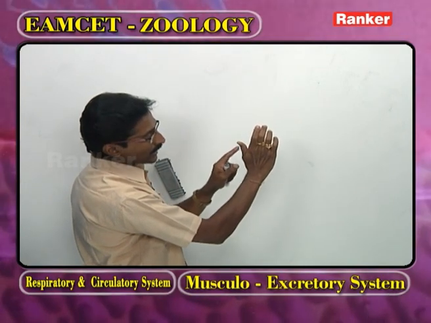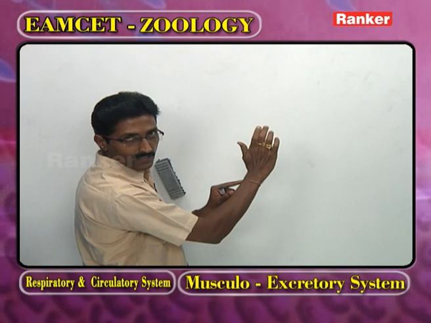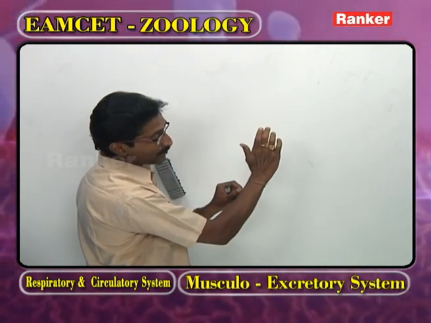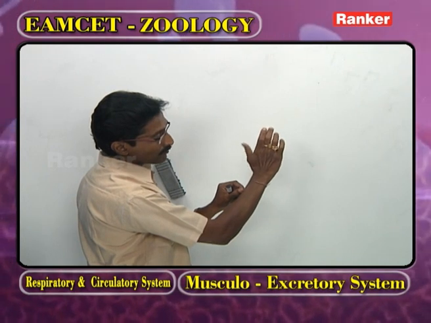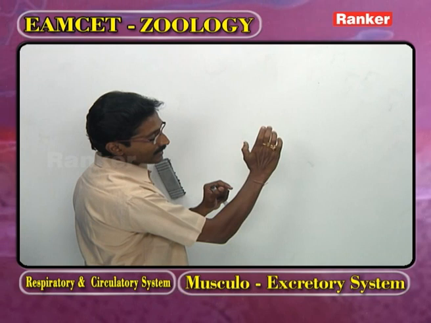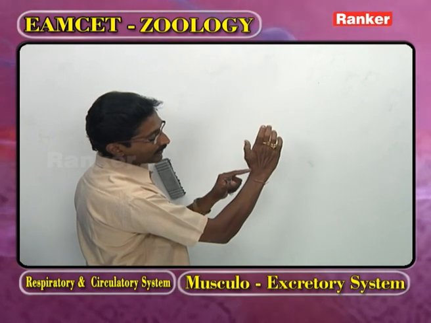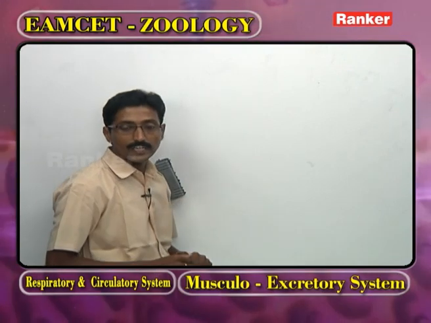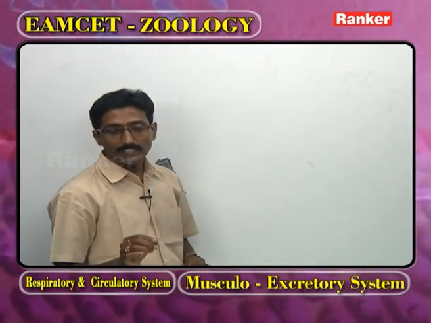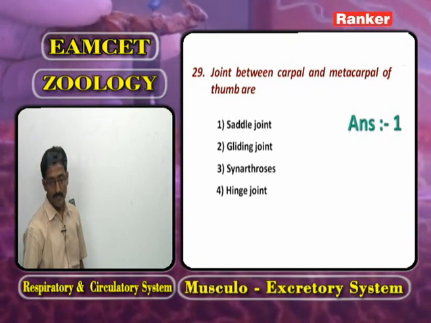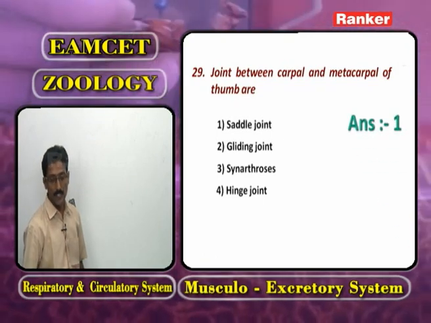The remaining fingers do not move as freely. Because what type of joint is present between carpal and metacarpal of thumb? That we call the saddle joint. Now we go for the next question.